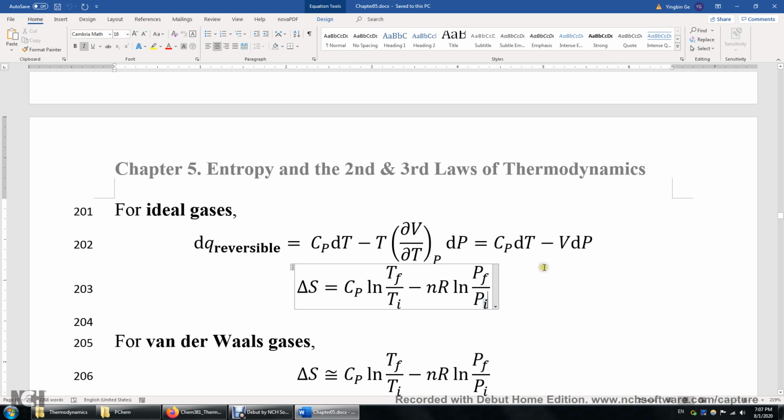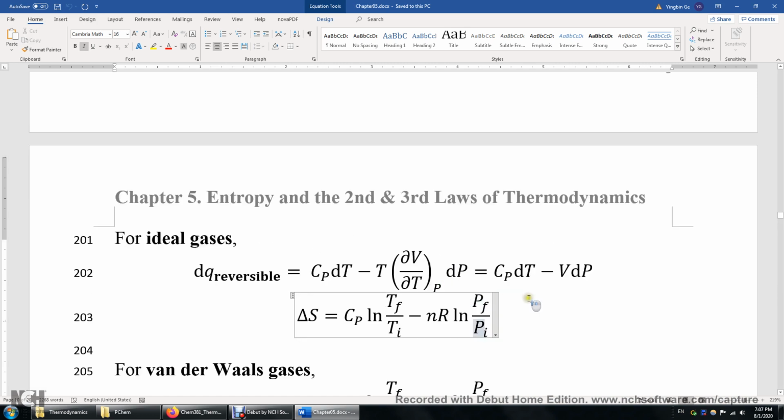The reason is when we integrate this part over T, it's negative integral of V over T dP. All right, and V over T is actually nR over P. So we're integrating negative nR dP over P. So that's going to be the logarithm of P final over P initial.